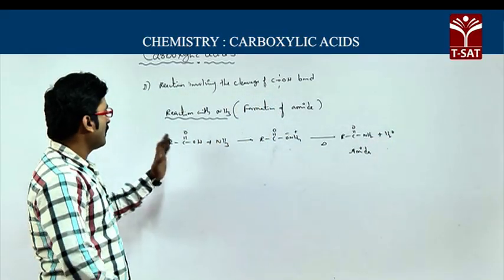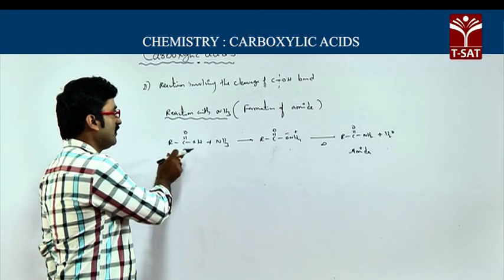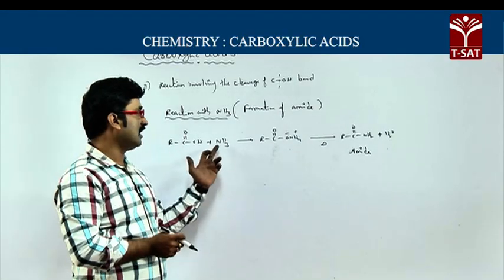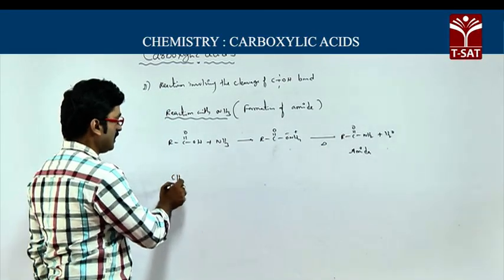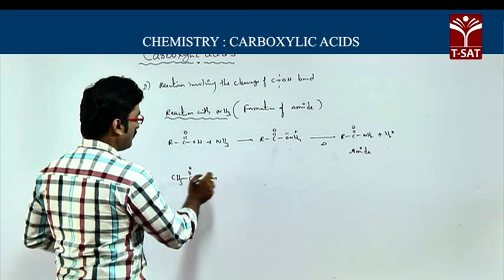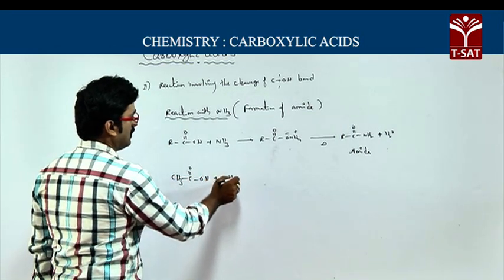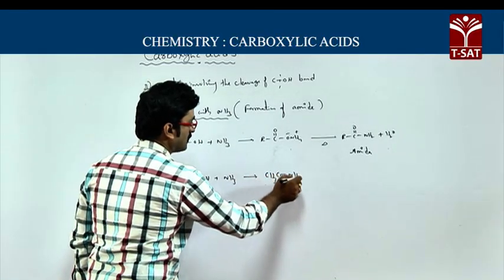So amides can be prepared from carboxylic acid, or else you can say when carboxylic acids react with ammonia, the final products will be amides. We will take acetamide as an example. CH3 C double bond O OH. When acetic acid reacts with NH3, you will get CH3 COO NH4.